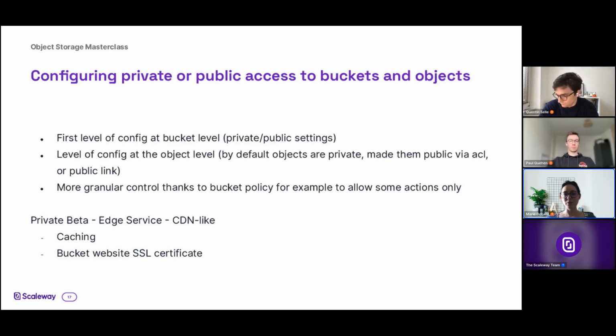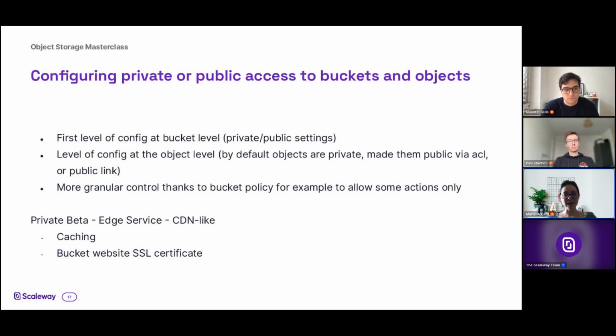You can make objects public via ACL or by sharing a public link, a temporary public link for an object, for example. And you also have a more granular way of controlling that through bucket policy to, for example, allow anyone to use only certain methods on certain objects.